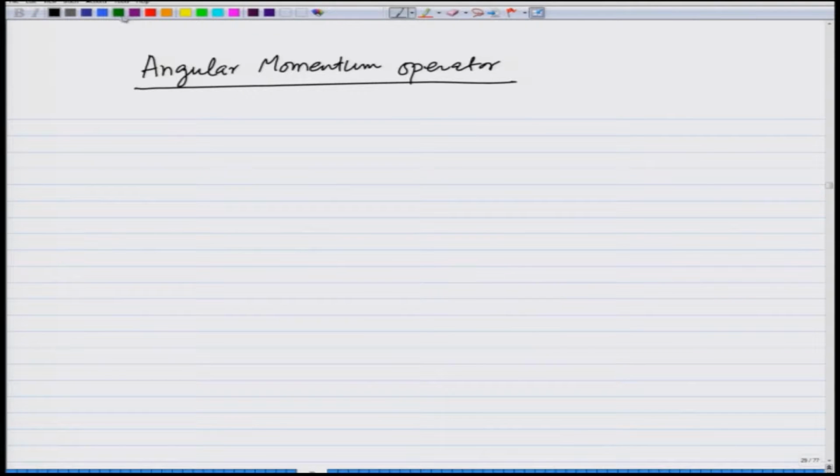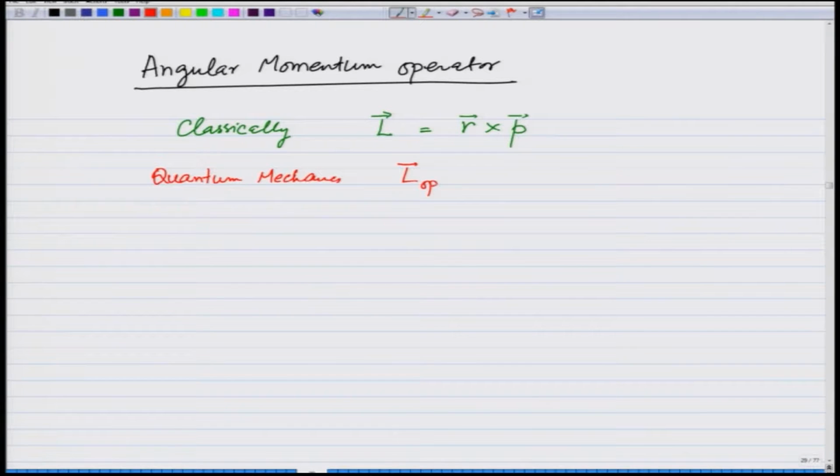Now, classically you have angular momentum which is r cross p. So, the corresponding operator in quantum mechanics will be the L operator. I will write operator now and then drop it later.